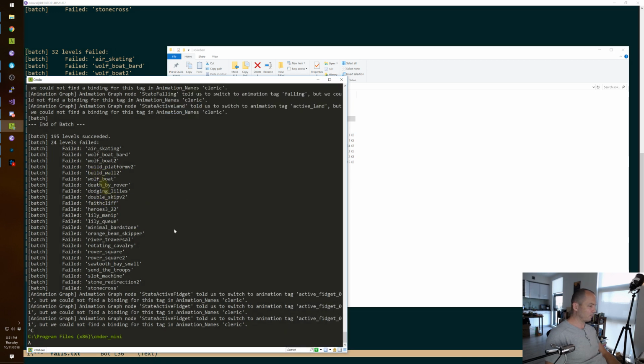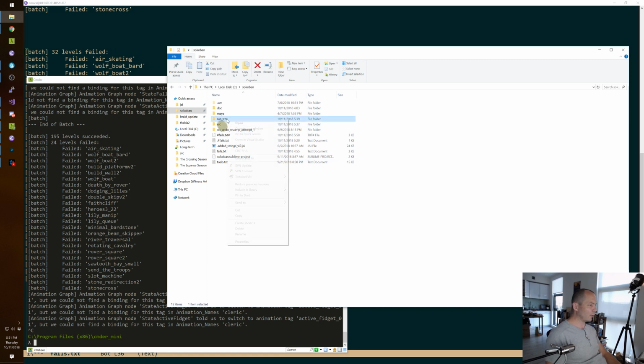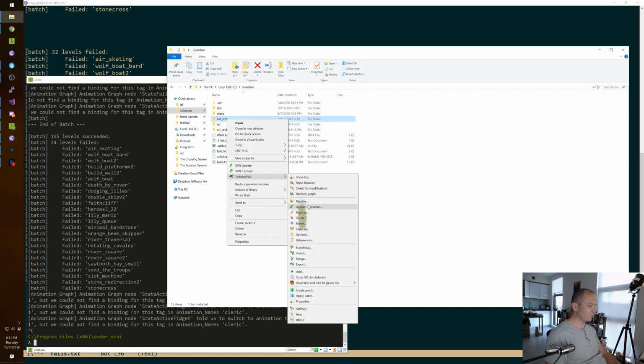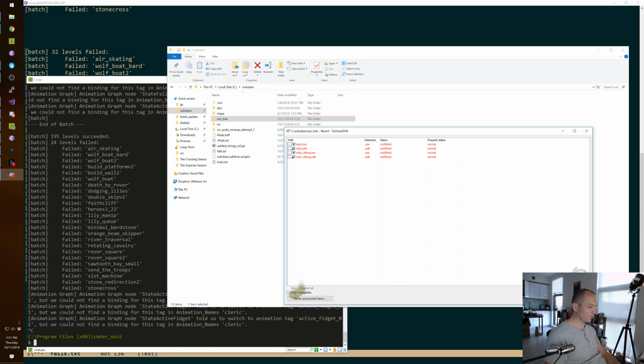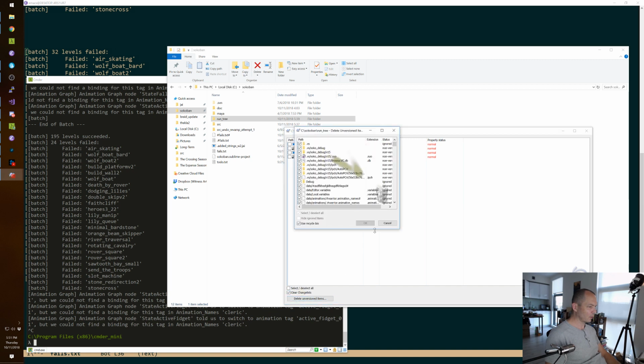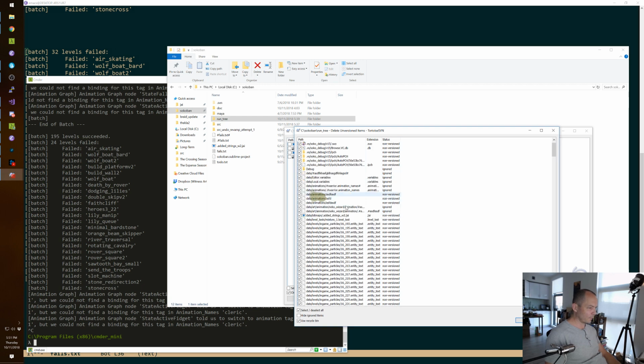And let's delete the unversioned items. So these worry me a little bit.